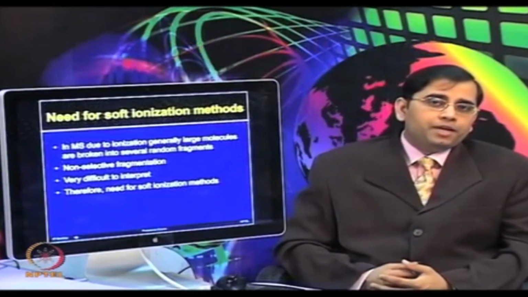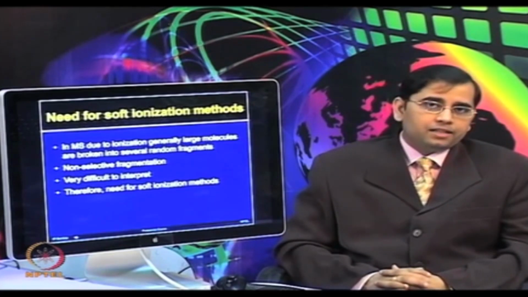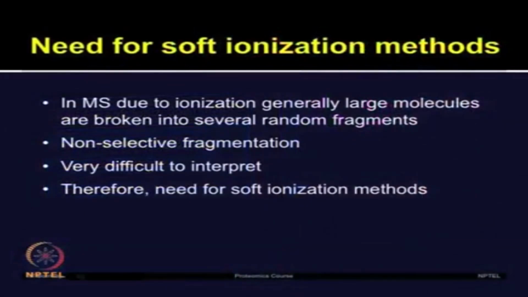So, for proteomic applications, there was a need for soft ionization methods in mass spectrometry. Hard ionization causes non-selective fragmentation, which is very difficult to predict. Therefore, it led to the need for soft ionization methods in proteomics.